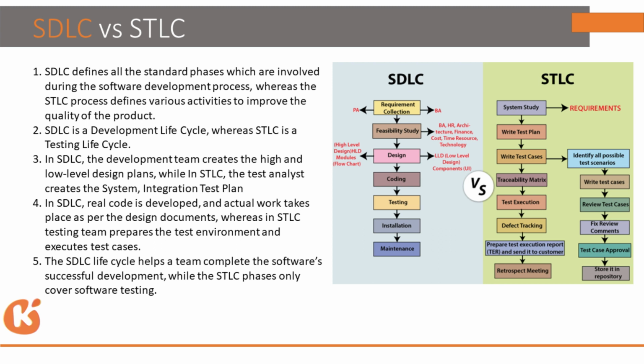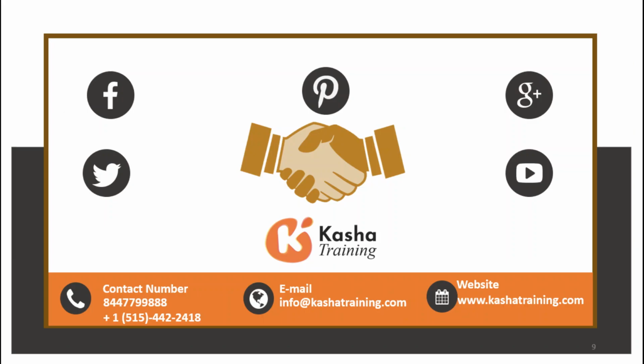In the diagram, we can see a few terminologies referred to here: BA, PA, HLD, LLD, and the process of writing the test cases itself. All of these terminologies we will be covering in the next session, because the purpose of this session is just to give a brief idea about software testing and its concept.